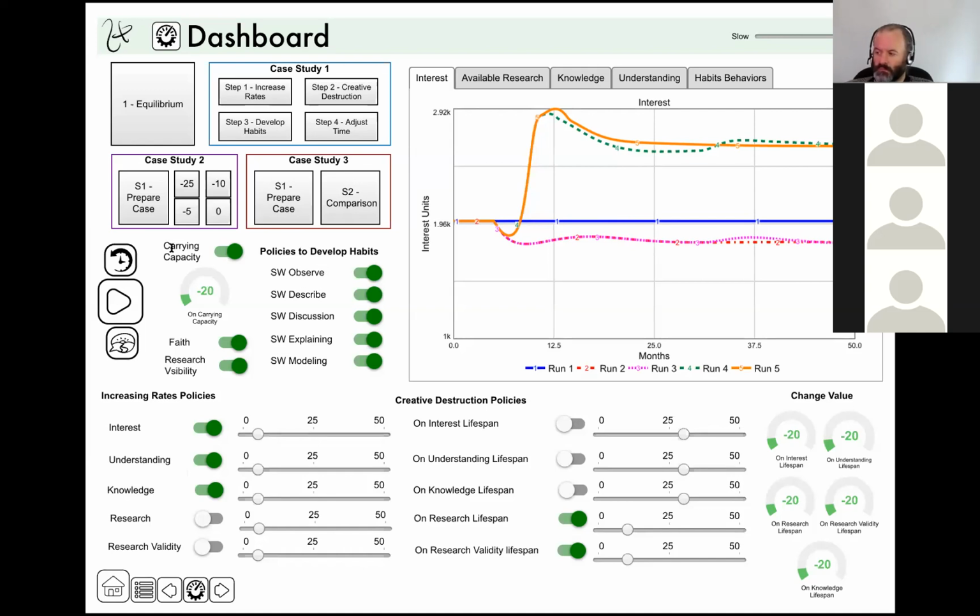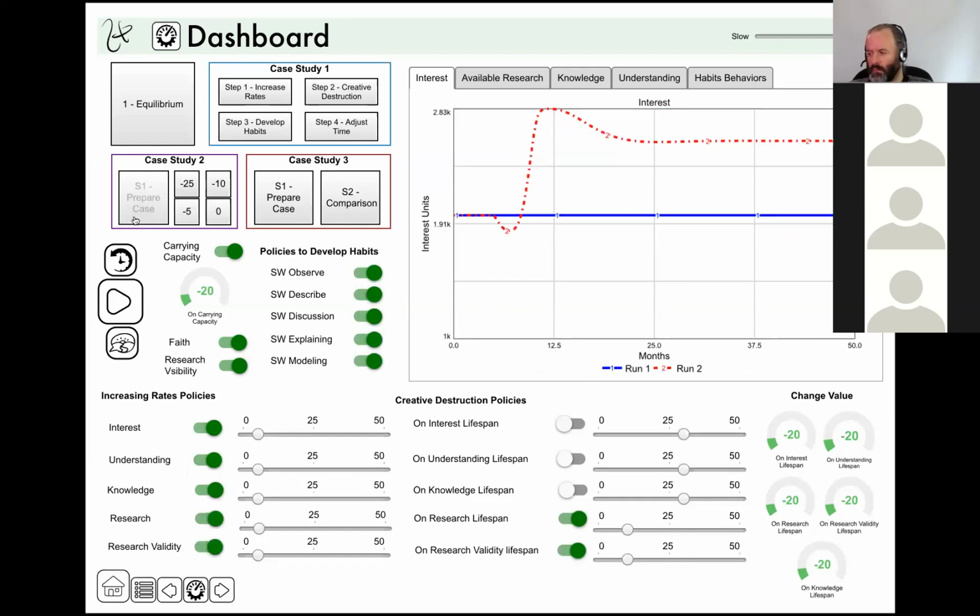So then I wonder what would happen if I had a student that is not an A student, like a straight A's student. So I prepared again the case. I left the last run with the adjusted time and the 4 things on.